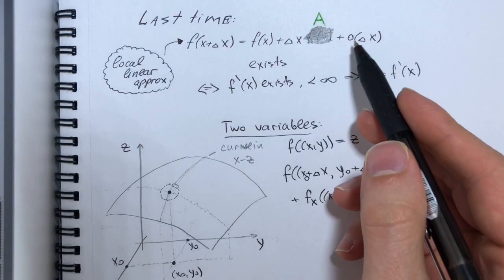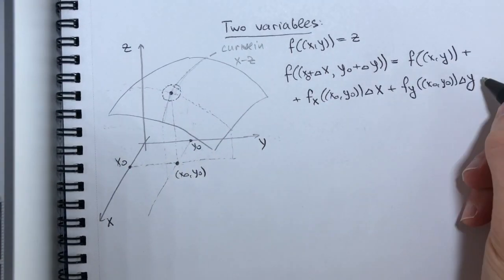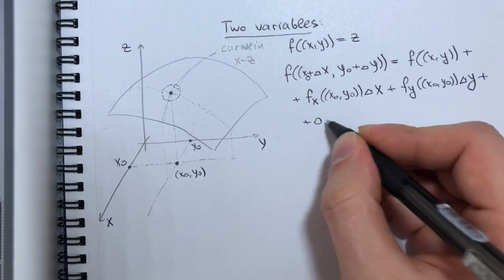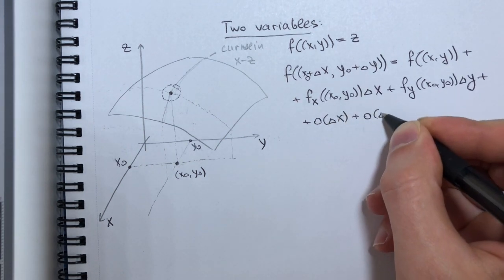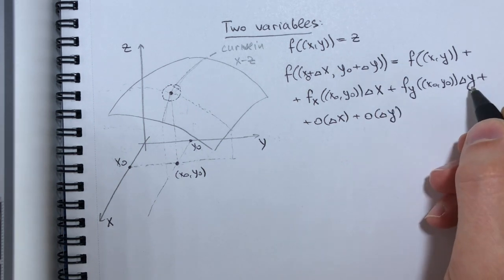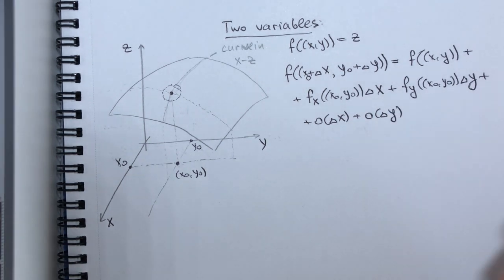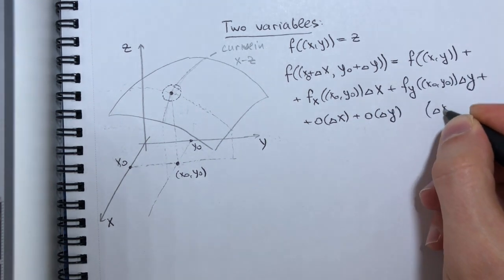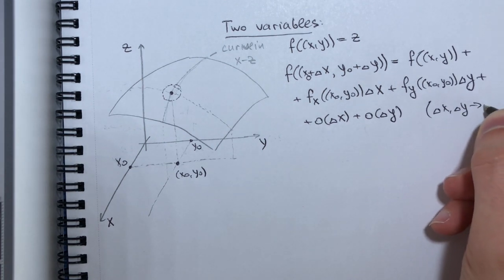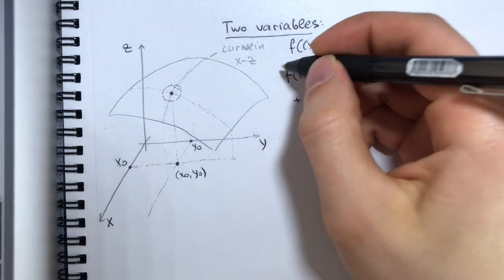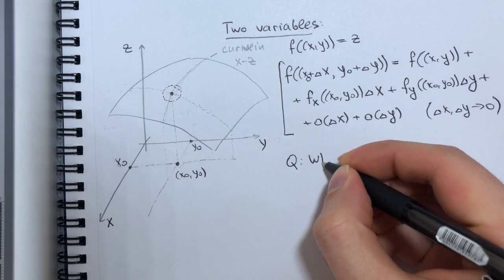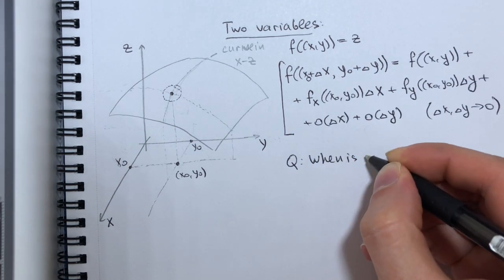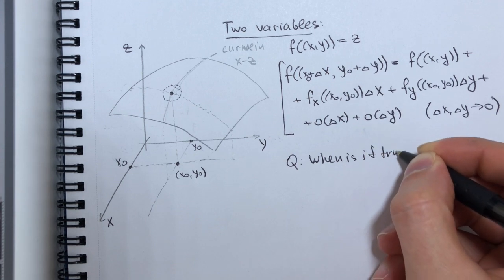And we, of course, do not want to forget about the error terms. So we want to add functions that decrease faster than these increments as delta x, delta y go to 0. So the question now is, when is it true?